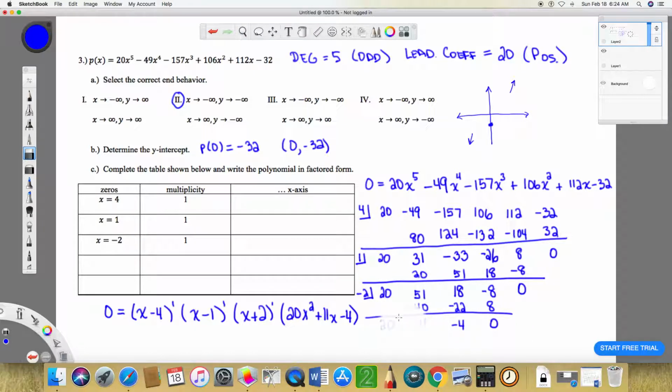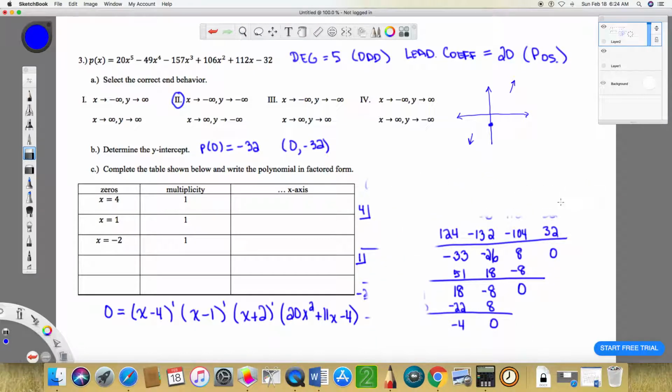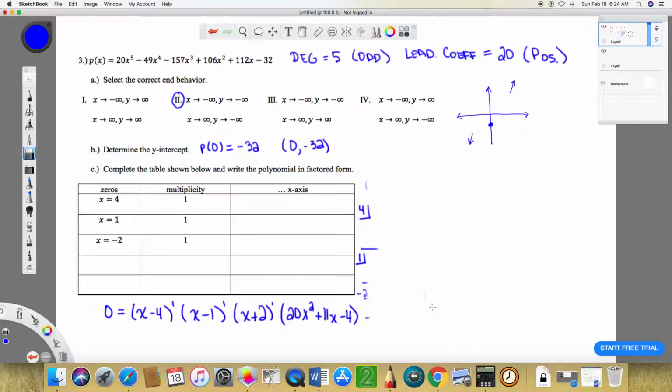I'm going to erase all of this just so I can have some room to do my x method, because now that we've got it down to a quadratic, we know how to factor this last factor.